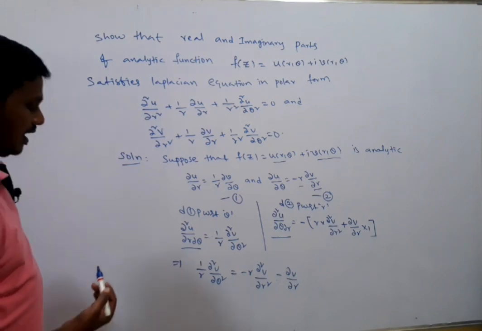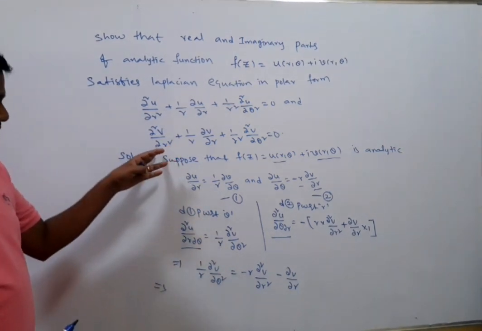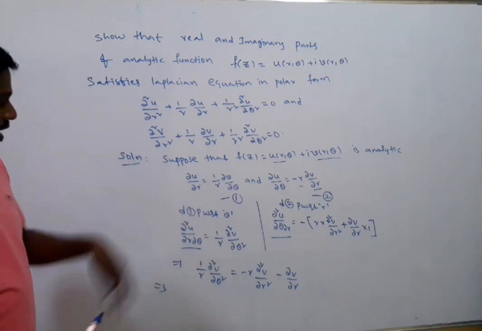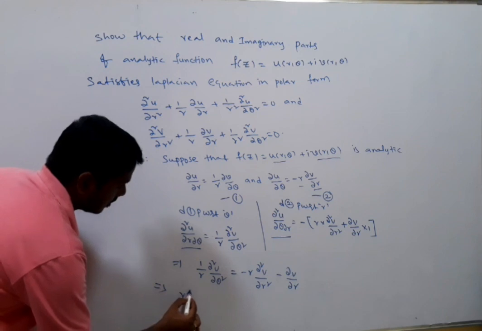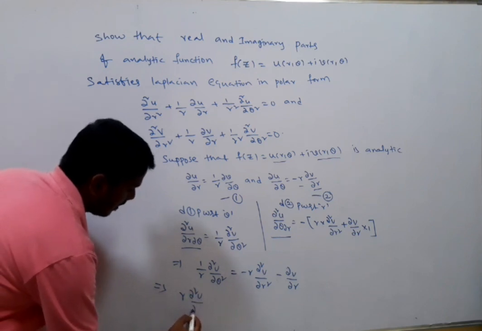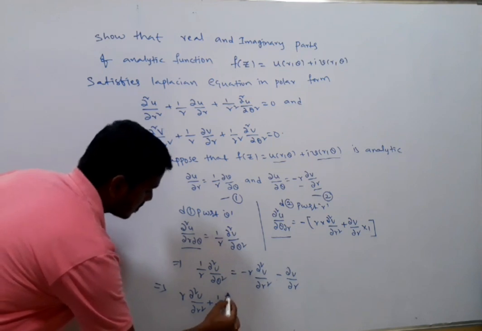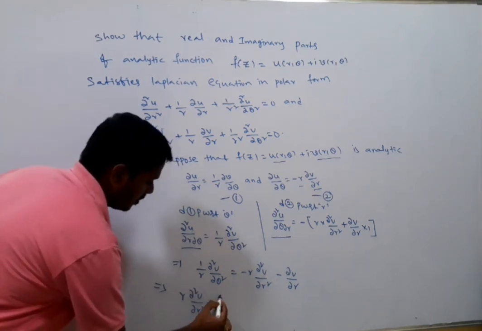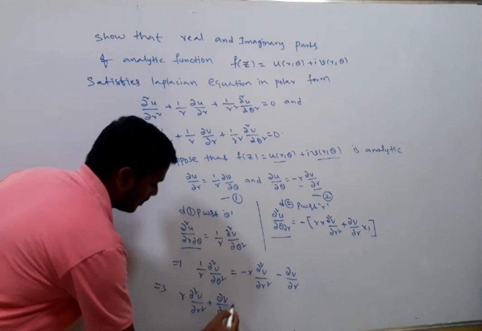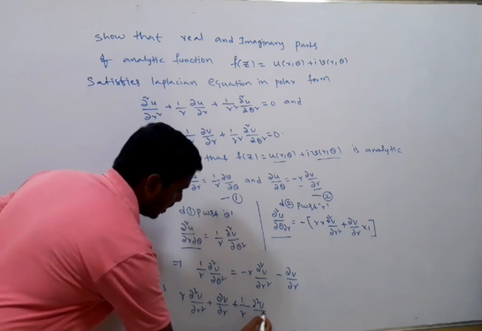If you simplify, you take the terms to one side: r dou square v by dou r square plus dou v by dou r plus 1 by r dou square v by dou theta square equals 0.